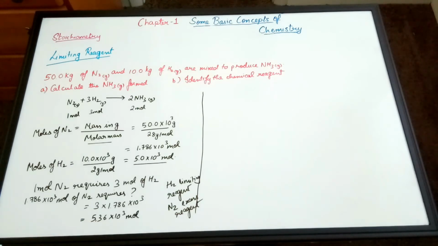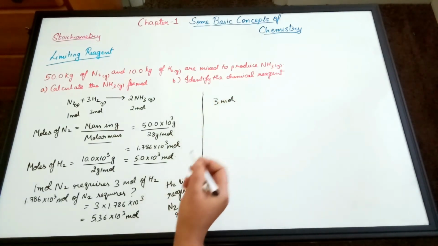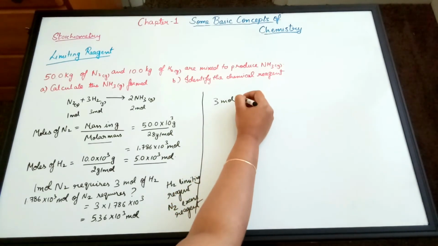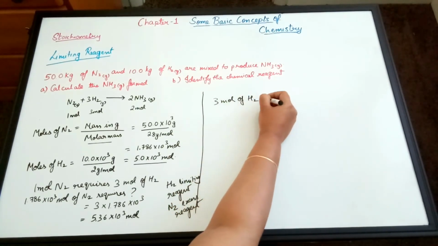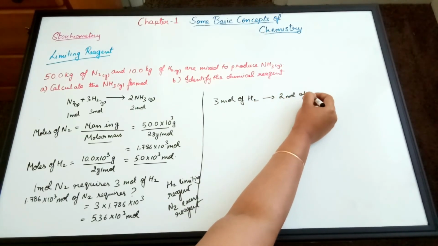Now we also know that 3 moles of hydrogen gives rise to 2 moles of ammonia.